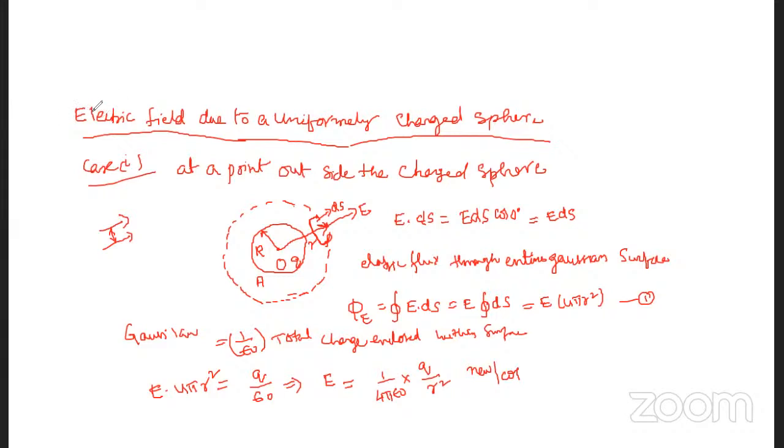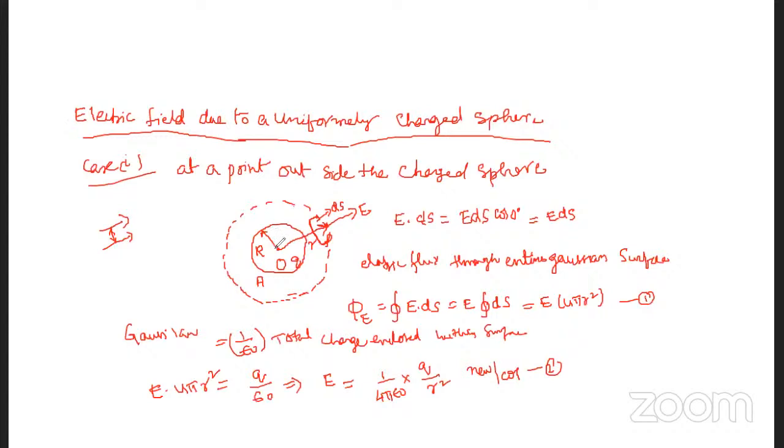So in case 2, we have to calculate at a point on the surface of the uniformly charged sphere. When point P lies on the surface, the radius of the sphere and the radius of the Gaussian surface are both the same.